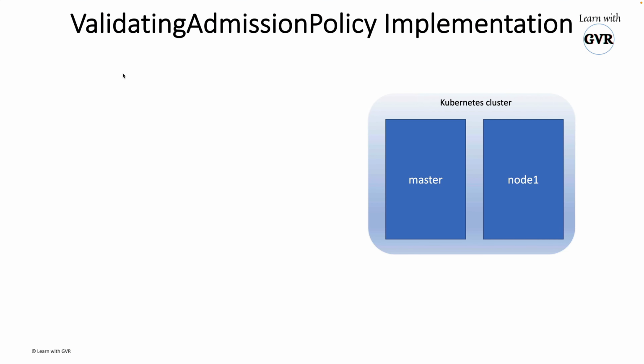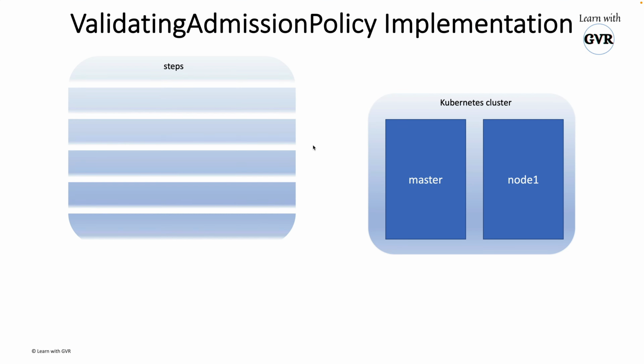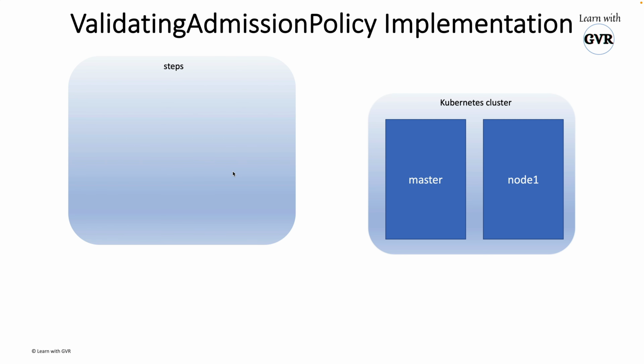Now, how to install and configure validating admission policy. First, since it's an alpha feature, we need to enable it in the master node, and second, we need to enable the alpha feature's API also in the master node.